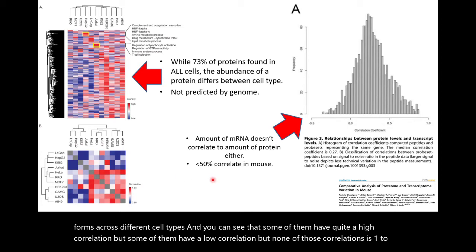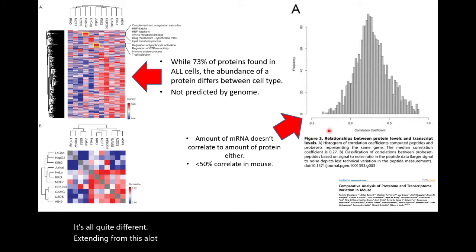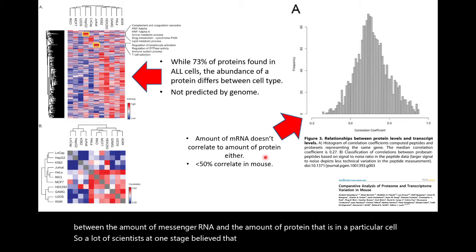It's all quite different. Extending from this, a lot of people don't necessarily realize that there is very little correlation between the amount of messenger RNA and the amount of protein that is in a particular cell. So a lot of scientists at one stage believed that you could just use the transcriptome to get phenotypic information about what is going on in the cell.